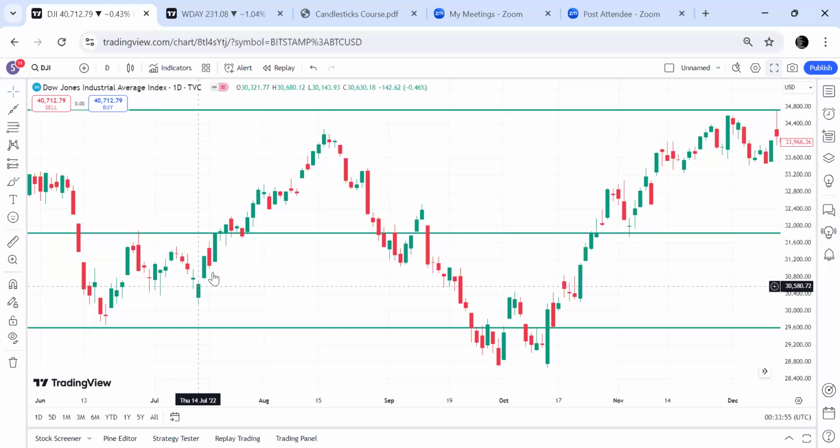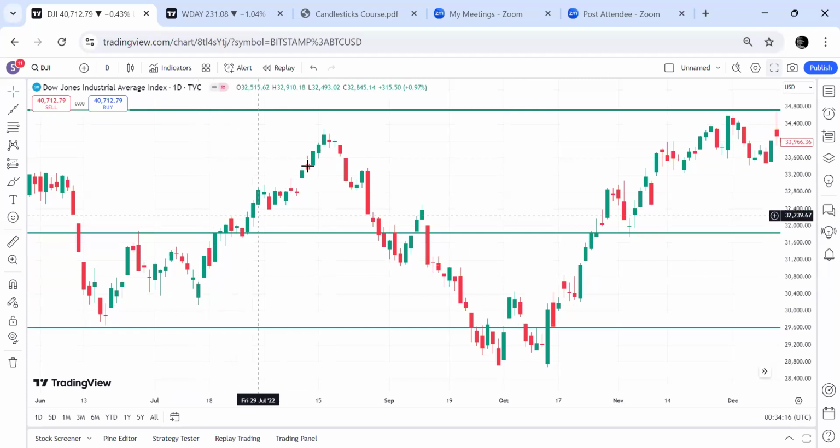So when the market is in an upward direction, on 15th July, on 19th July, and on 12th August, I clearly see the Marubozu candles.